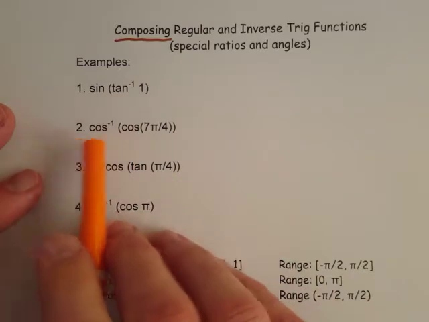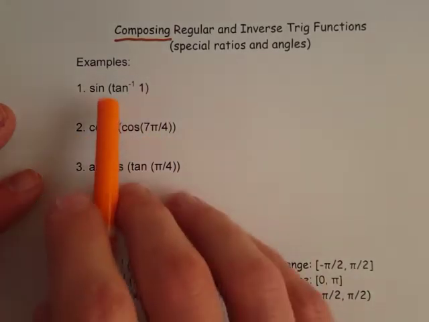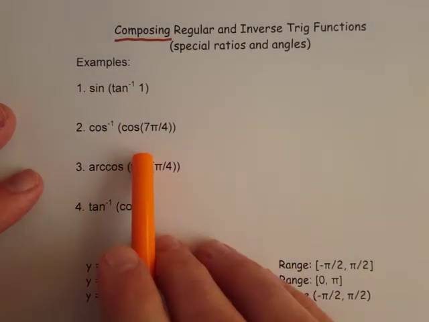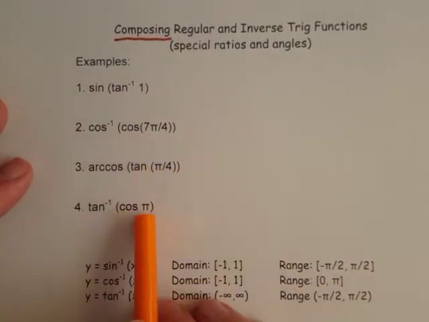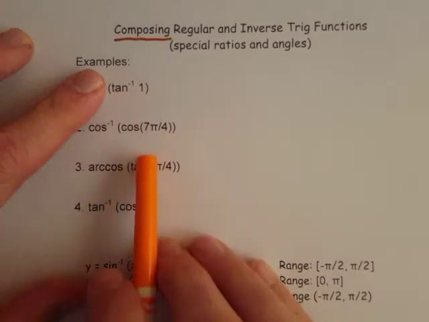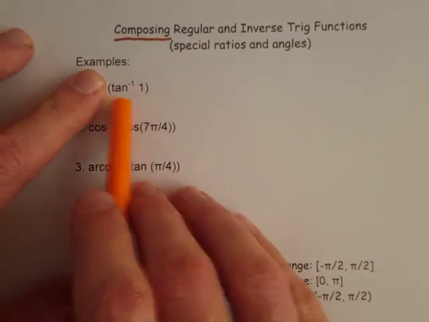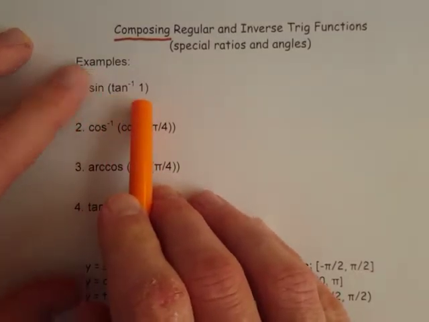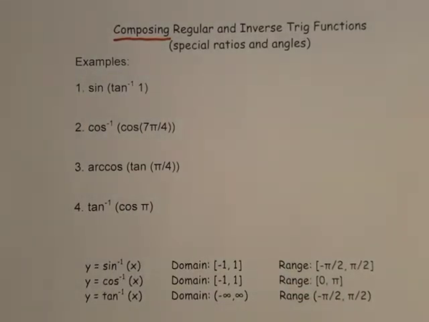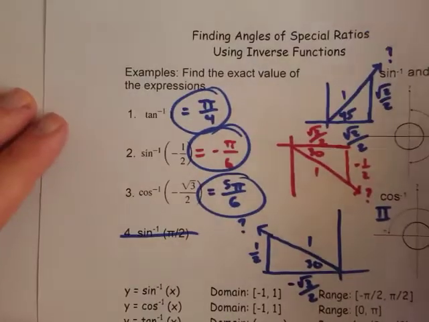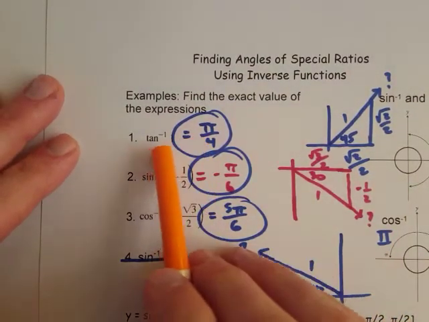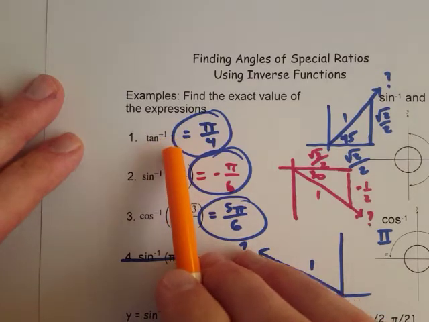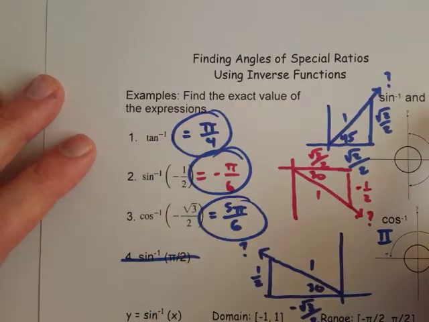Now, here's something that I'm going to ask you guys to do for all of these problems. It applies to everything: evaluate the inside first. So let's forget about the sine. Tangent inverse of 1, we're going to evaluate that first. The thing about this one is that we've already done that. On a previous example, we noted that 1 is going to put us in quadrant 1.